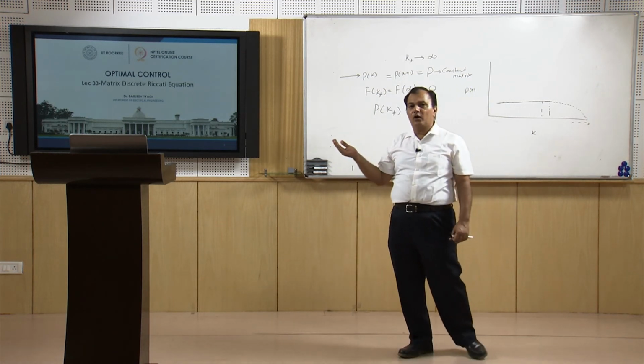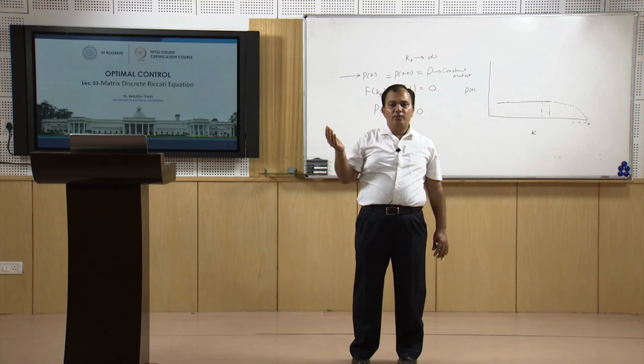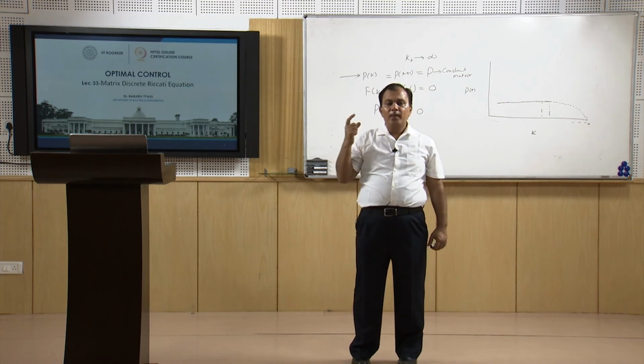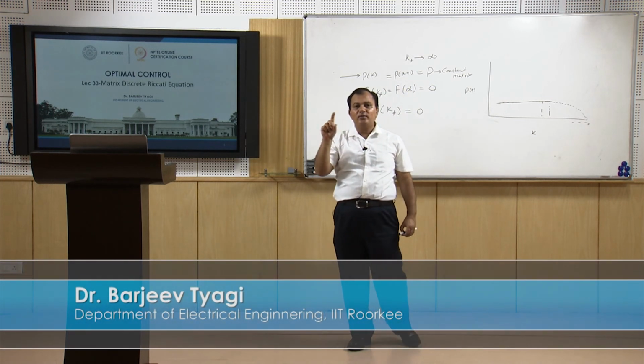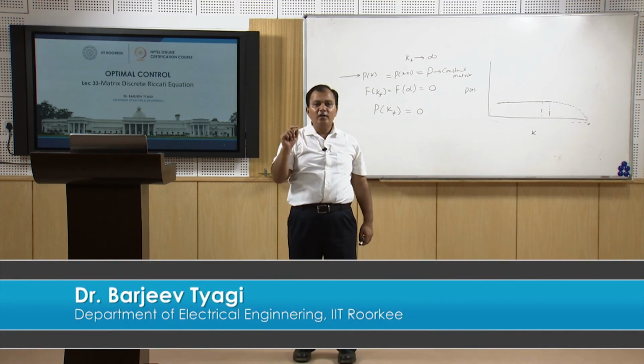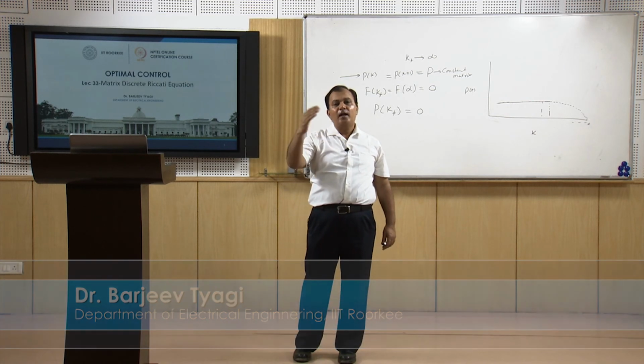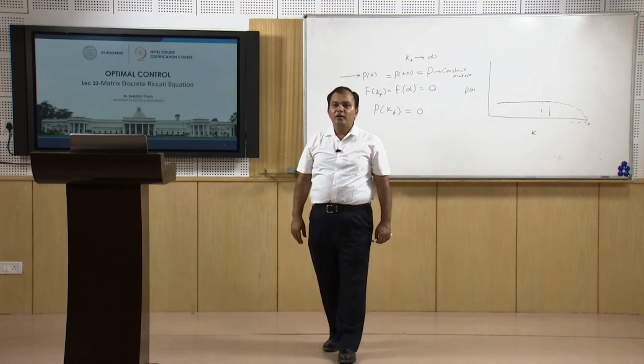So, whatever alternate form we have developed for the discrete system, in which no inversion of the matrix A is required, that can directly be converted into the steady state form.